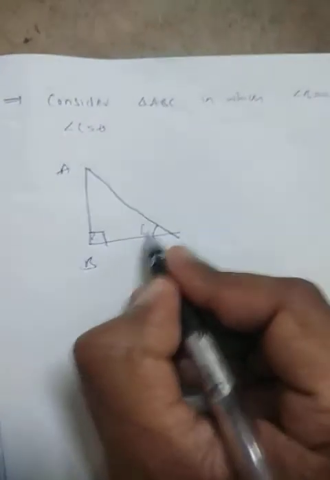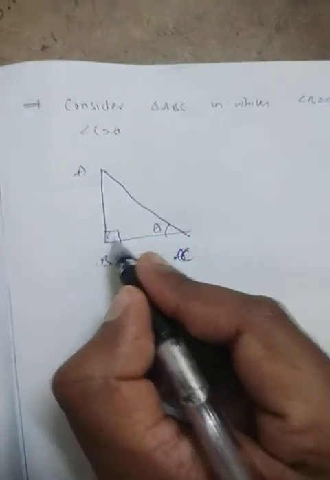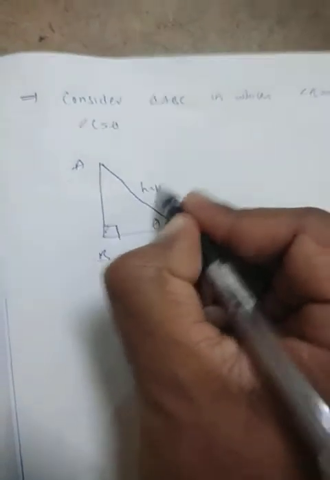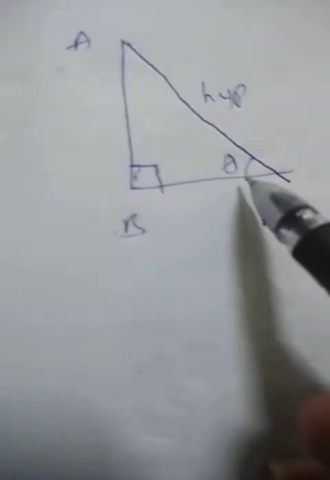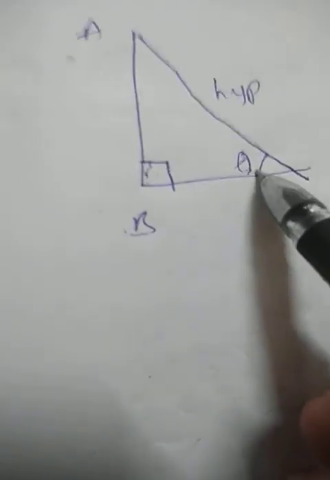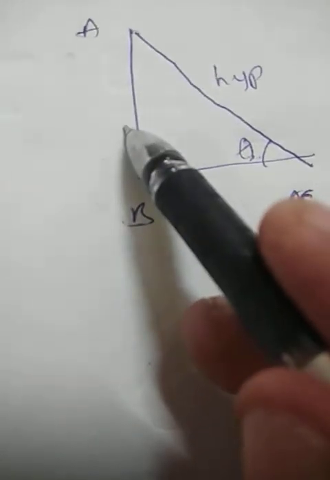Since this is 90 degrees, this side will become the hypotenuse. Then I want to give one clarification here. With respect to theta, this will become the opposite side. If you project an arrow like this, you will get the clarity. And with respect to theta, this will become the adjacent side.